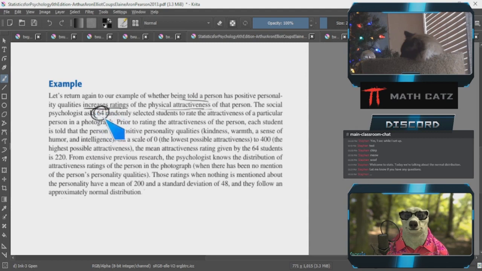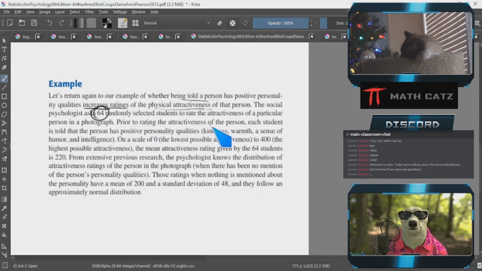So we have a sample of 64 people that we're investigating this property, and they are rating attractiveness based on a person's photograph.